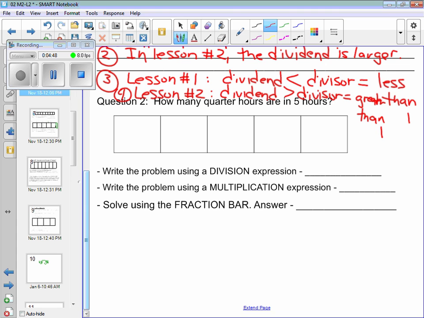How many quarter hours are in 5 hours? Well, the quarter is going to be 1/4. So what they're asking us is 5 divided by 1/4. Now at this point, you could divide all 5 into fourths if you want. A lot of kids will see that.